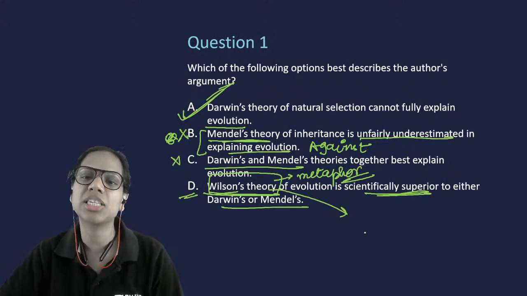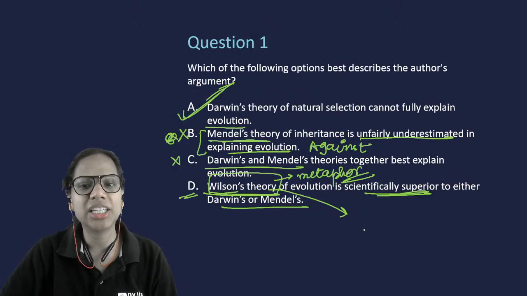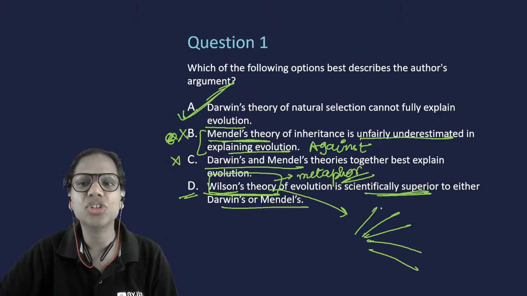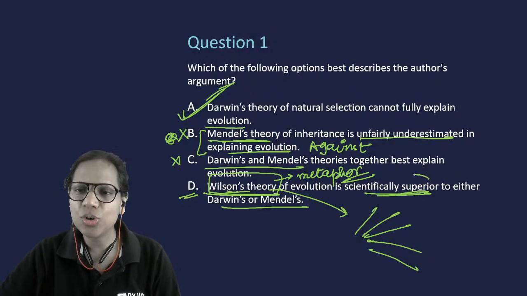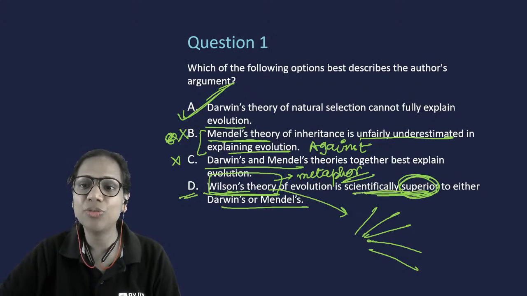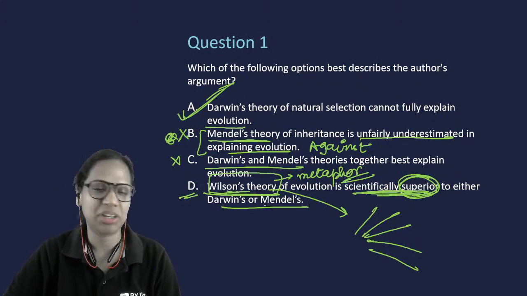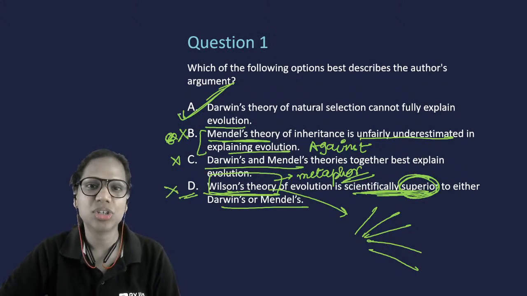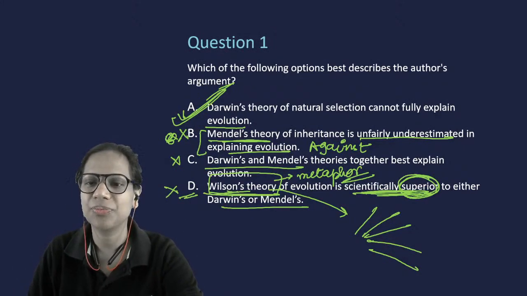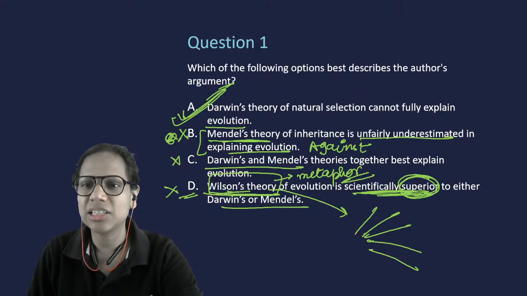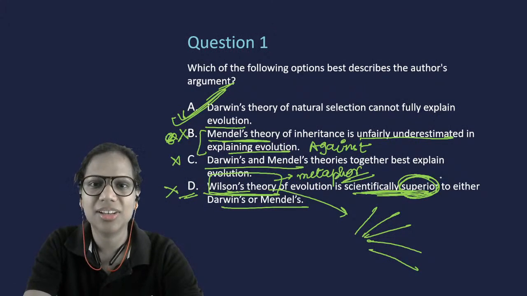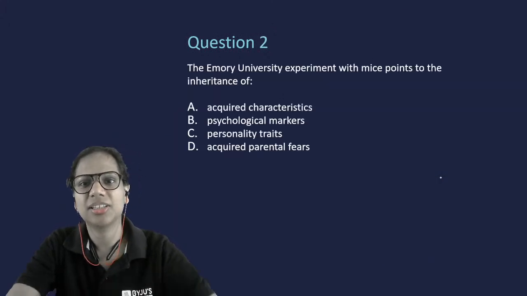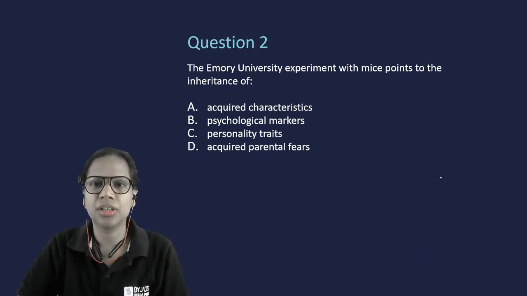Wilson also says that culture is held on a genetic leash. The author then revises that metaphor: it's not just culture, there are a number of other factors too. So nowhere does the author say that this is scientifically superior to either Darwin's or Mendel's. No comparisons as such. A is our answer here. I hope this is clear to you. All right. Good, Adi.